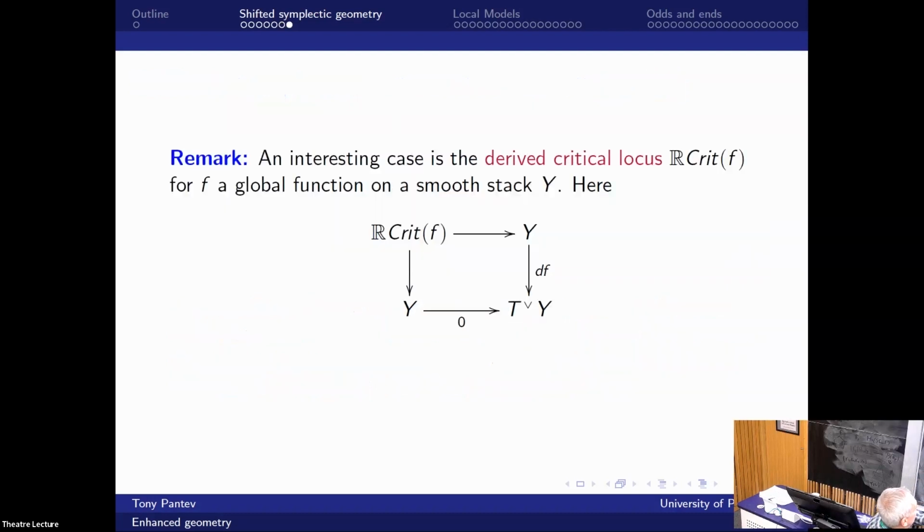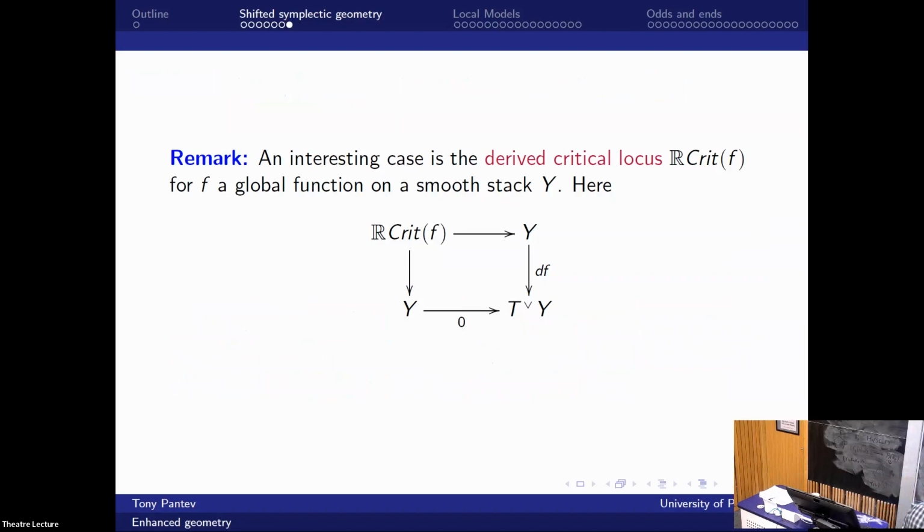All right, so now let me come to the point of the talk, which is that an interesting case of a Lagrangian intersection is when you are intersecting two Lagrangian sections in the cotangent bundle.